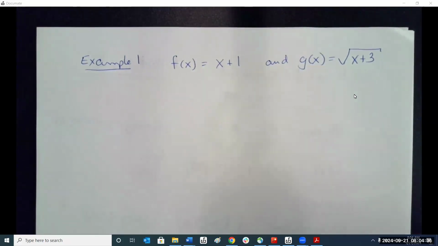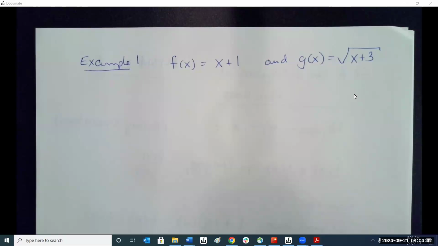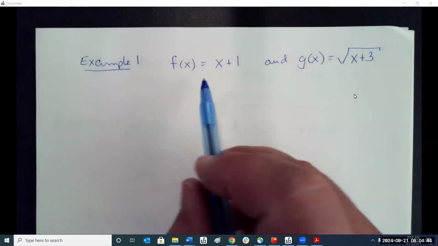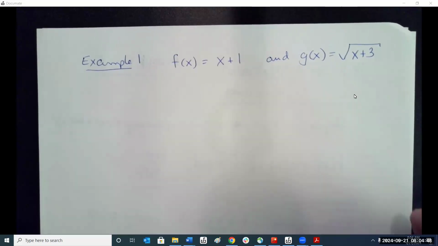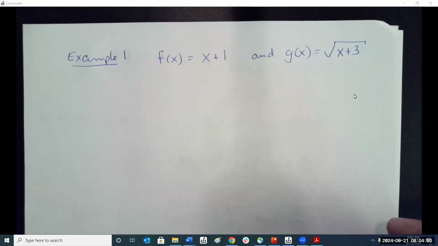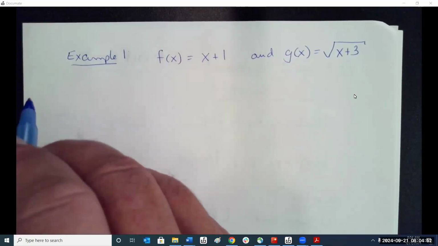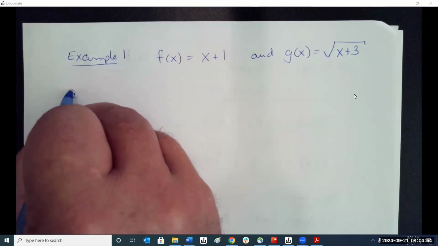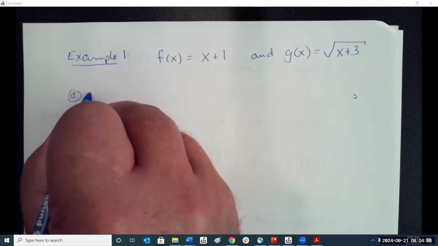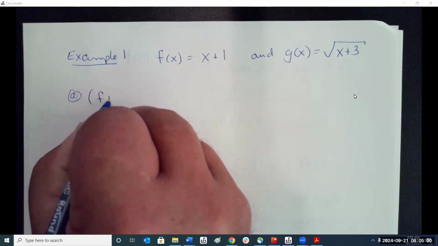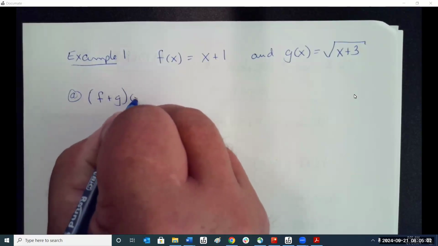This is why it's important to memorize as fast as you can, or have access to, that library of functions we did last week. Because in the very near future, we'll be asked about the domain and the ranges of these. So A says, find f plus g of x.